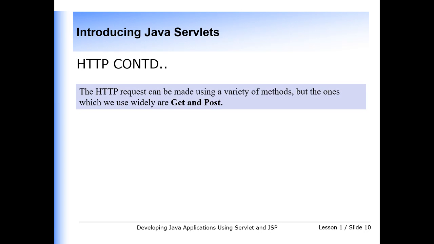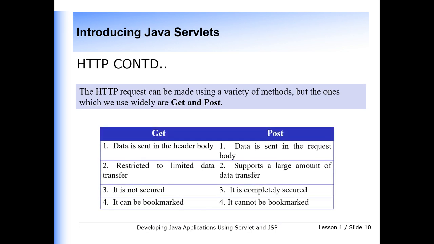Now, with the help of the below table, let us understand the difference between the GET and POST methods of HTTP. These two methods are the key methods to make HTTP requests. So what is the difference between GET and POST request?